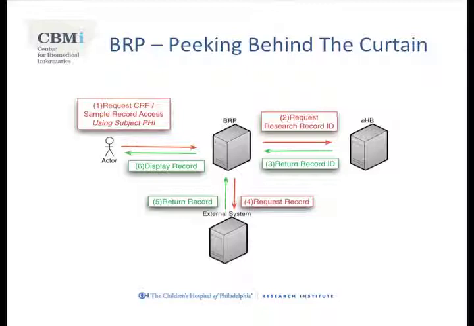That's step 3 here. The biorepository portal at that point goes out and talks to the REDCap system, making a request to an external system using the record ID. The record gets returned, and the record is displayed to the user, again without the user ever having to know what that research ID was in the REDCap system. And the Nautilus system works effectively in the same way.